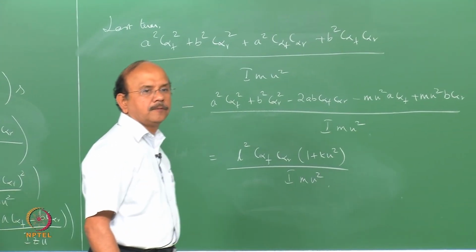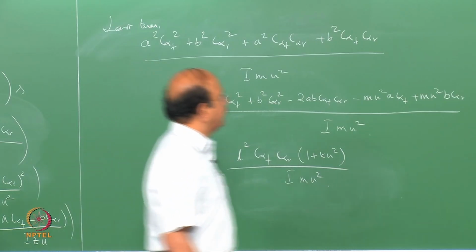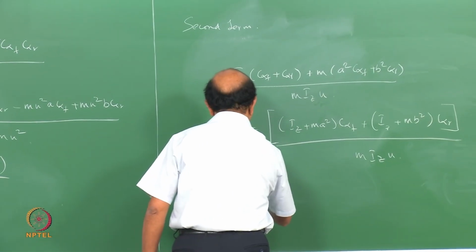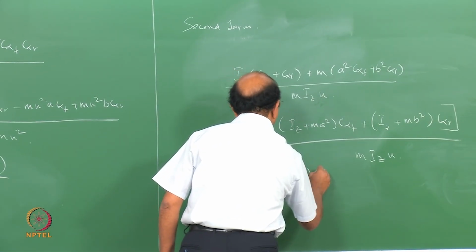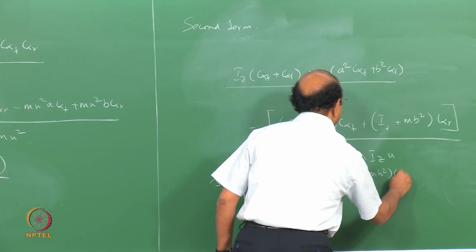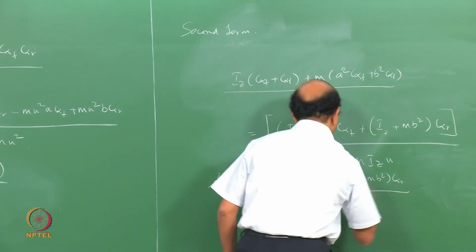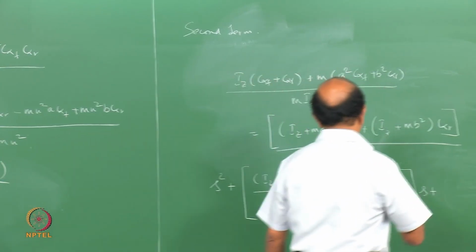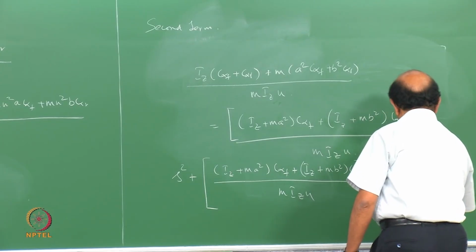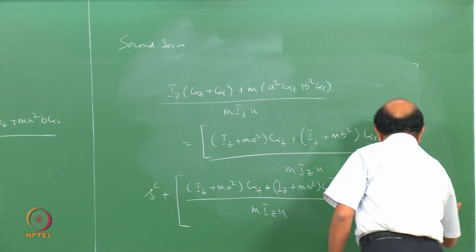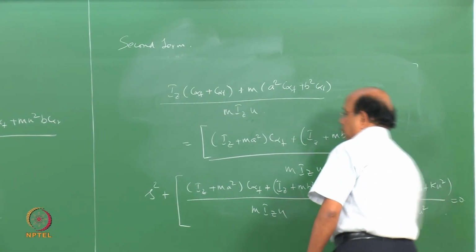So now I'm going to put these two terms, okay, simplified terms, into my determinant, and write this down as s squared plus this whole term, I z plus m a squared C alpha f plus I z plus m b squared C alpha r divided by m I z u, s, plus the last term L squared C alpha f C alpha r 1 plus k u squared divided by I m u squared is equal to 0.